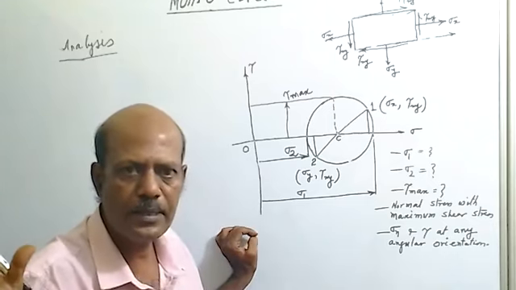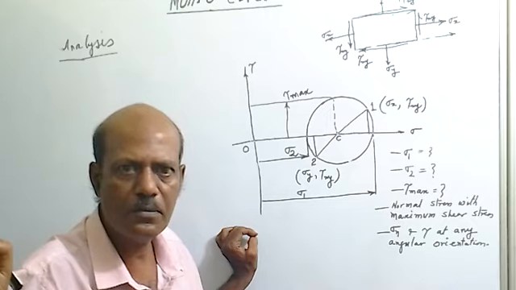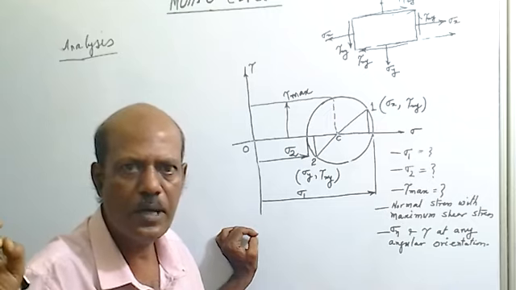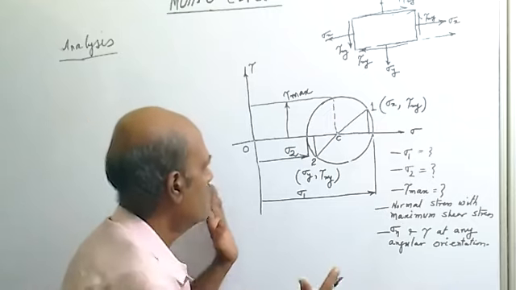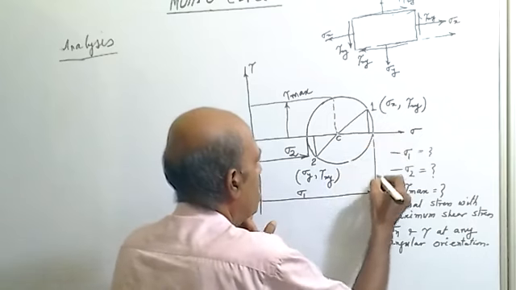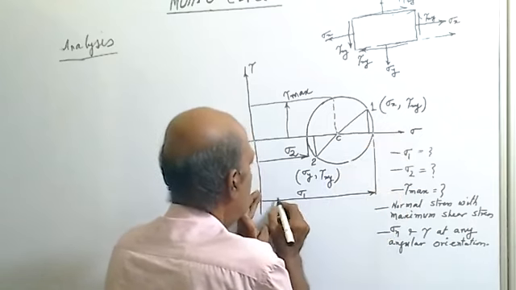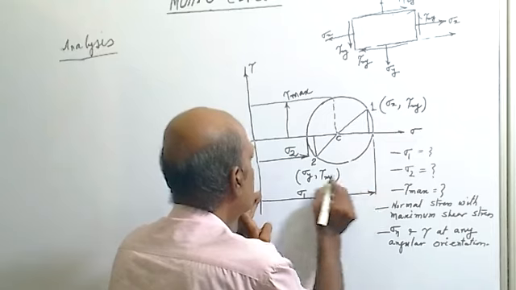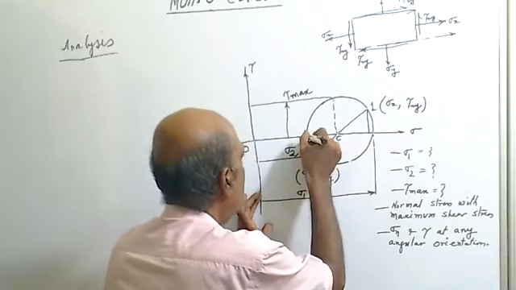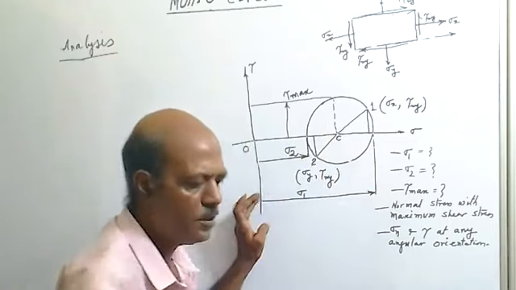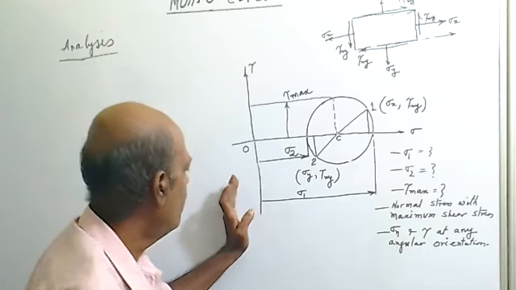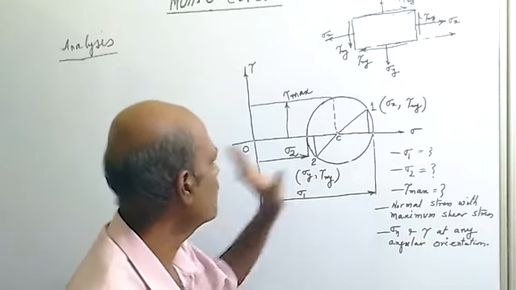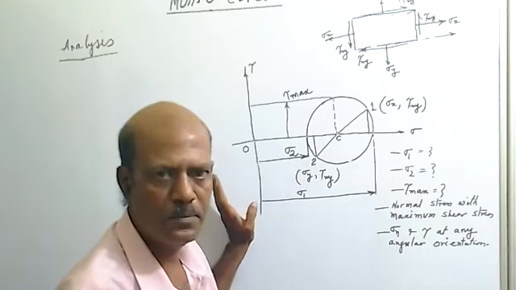Okay, and the normal stress corresponding to this point are known as principal stresses. As this one is greater, it is called major principal stress, and this one is smaller, so it is minor principal stress. So we have got major principal stress and minor principal stress, sigma 1, sigma 2.